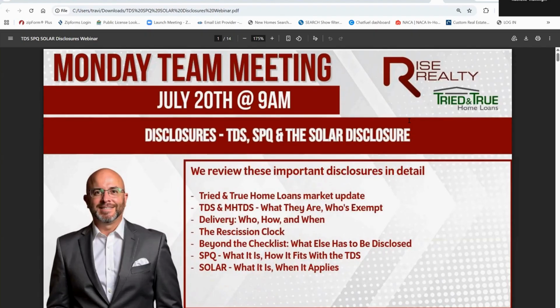So if it's not covered in the TDS or the SPQ, then you would just add that into the section that's basically, I know this other stuff about this property that wasn't asked here. I imagine they'll probably strengthen that up too in later revisions. Went through exemptions. Okay, I think that's all the questions.